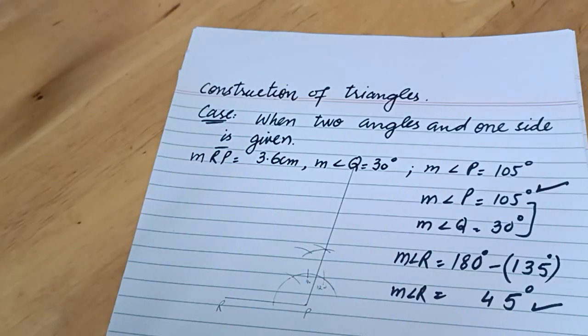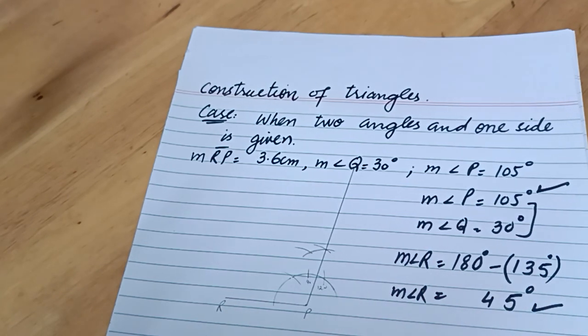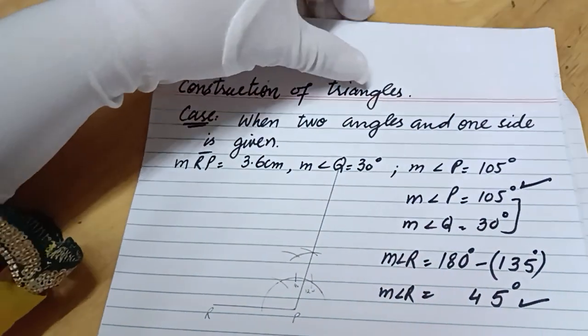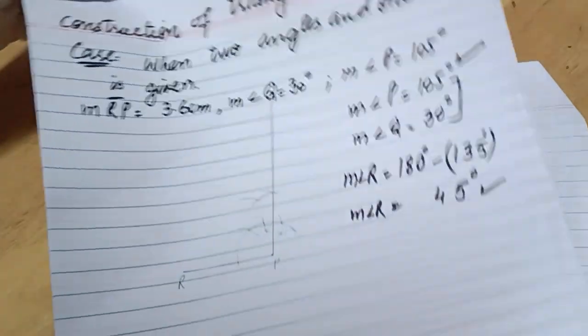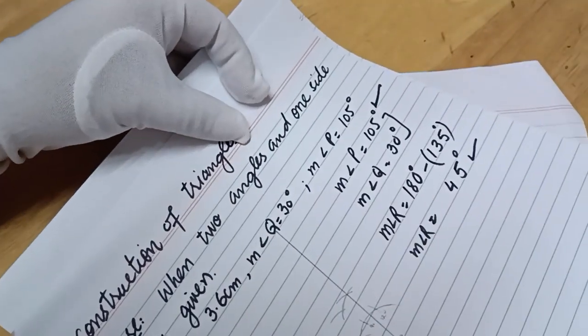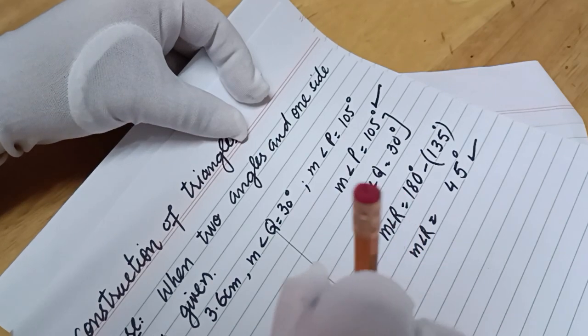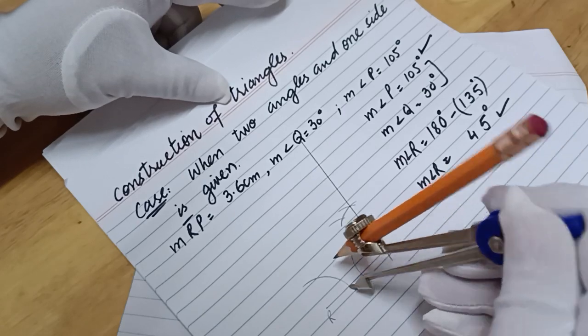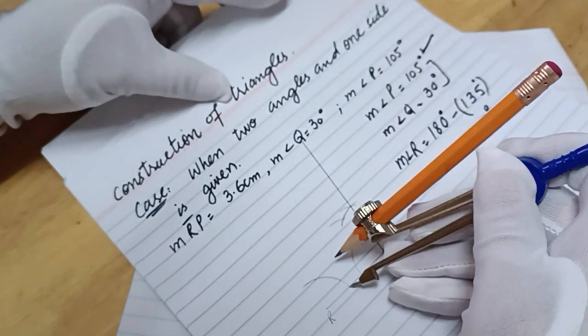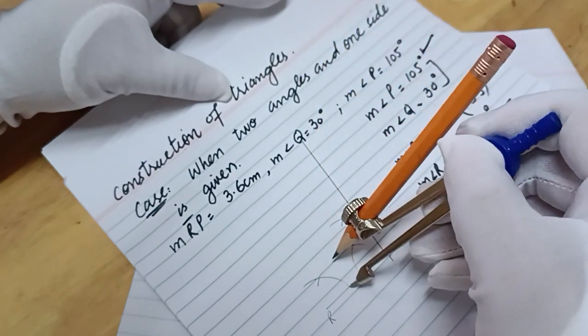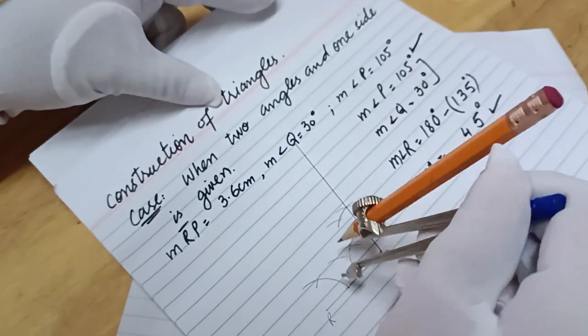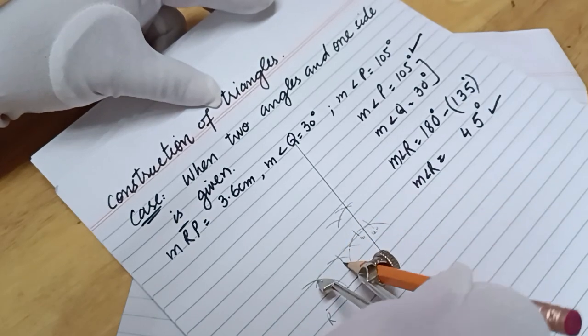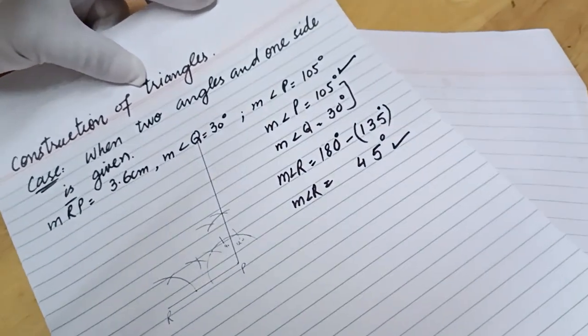Now on the R side, we have to make an angle of 45. I just told you how to draw 45, so we will draw in the same way. On the point R, make a semicircle just enough for 60 degrees. From 0 first, 60 degrees. Then the bisection of 60 and 0 will give you 30 degrees.